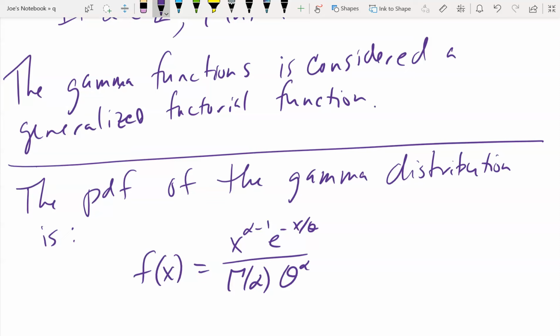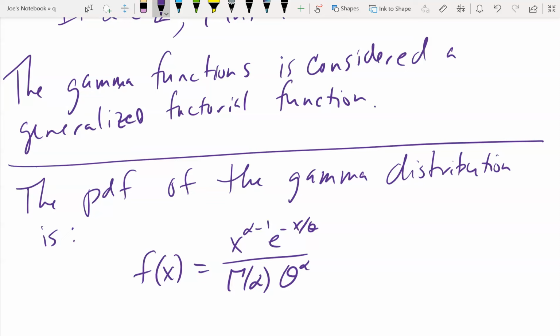That was how we got it. So all I'm doing here is that lambda that we saw before that was up in the top, we just moved it down to the denominator with a theta. This alpha minus 1 factorial that was in your denominator is now being replaced by the gamma of alpha. You can check that this satisfies your properties of being a PDF pretty quickly.